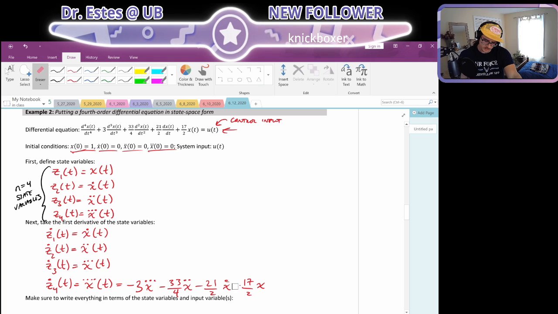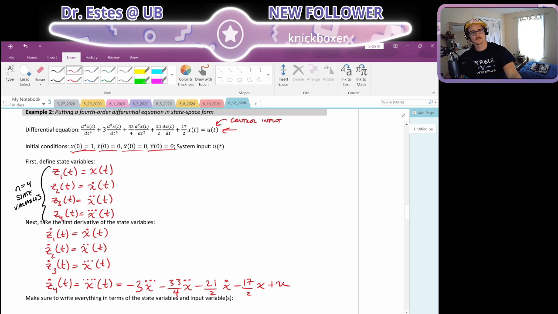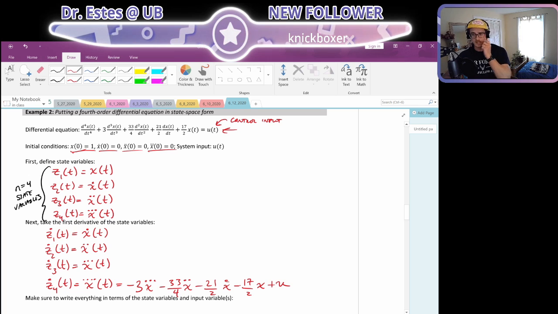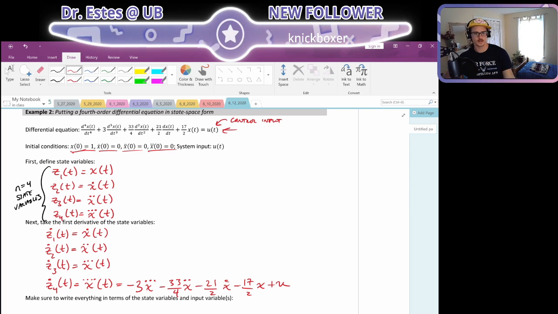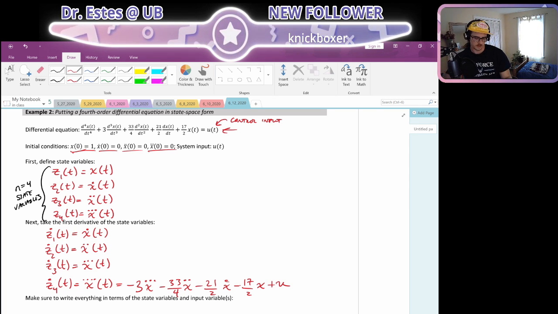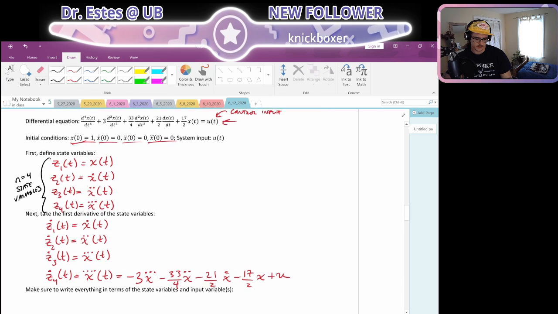Oh, I put a plus, that should be minus. Plus u. So I'm just using the original differential equation to write out what x quadruple dot is.